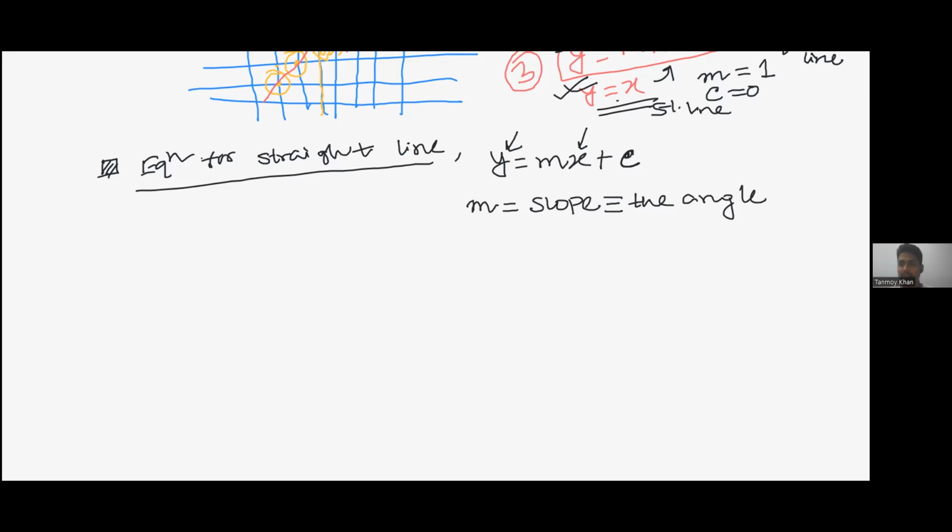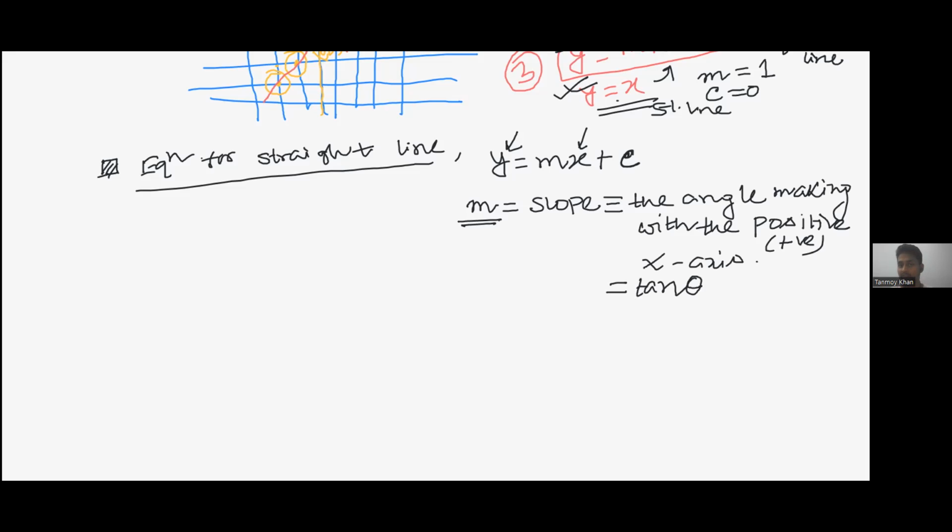Whatever the line or curve is, the angle it is making with the positive x-axis is called m, and is mathematically denoted by tan theta.